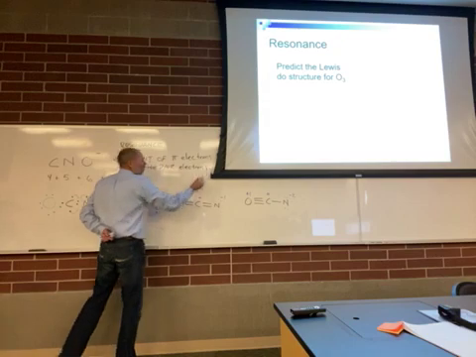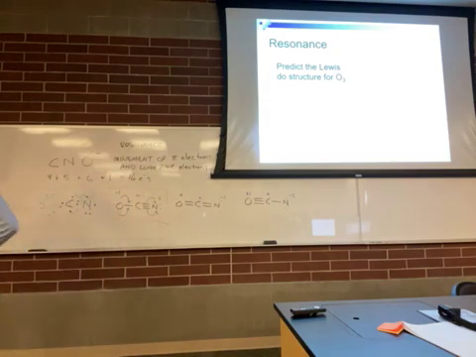Okay. That is so important for you to just memorize. Resonance does not break up sigma bonds. Sigma bonds are single bonds. Pi bonds are double bonds or triple bonds.